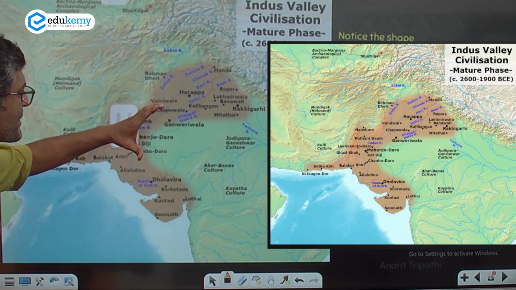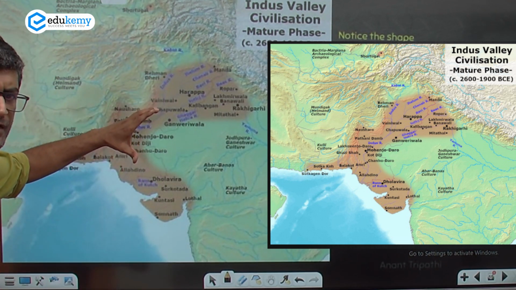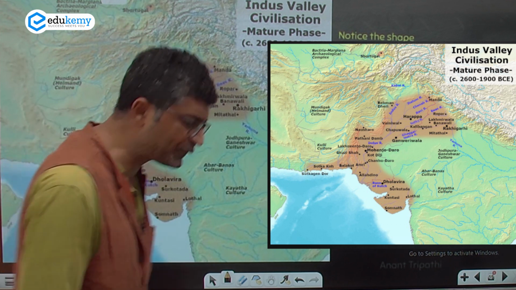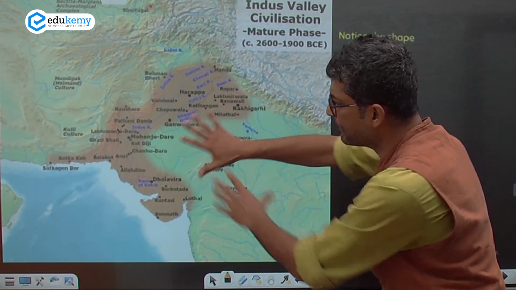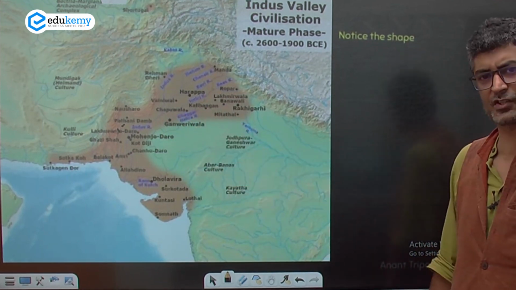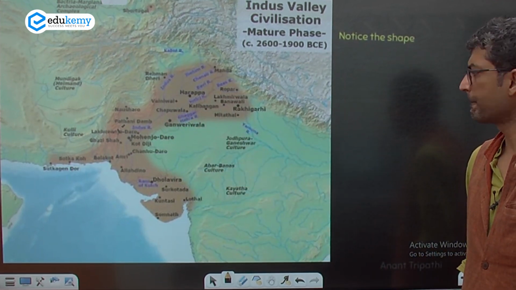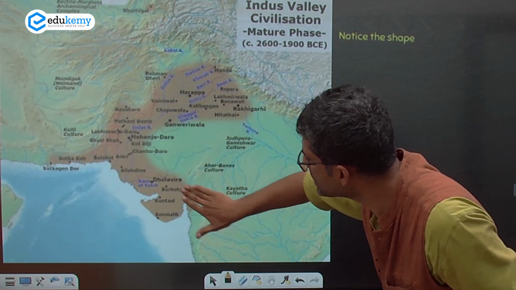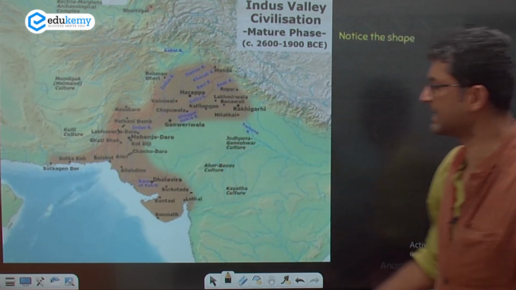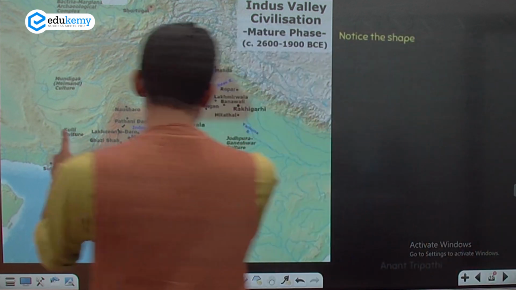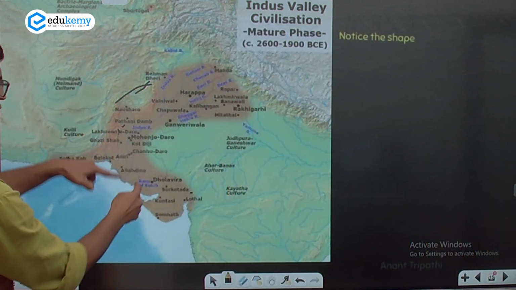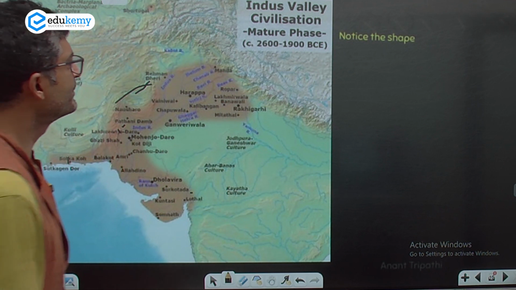Notice the shape, guys. I think most of us do not understand and really appreciate what this shape tells us. See how it is just skirting through Rajasthan. This is the area of the Harappan civilization, mature phase, right?